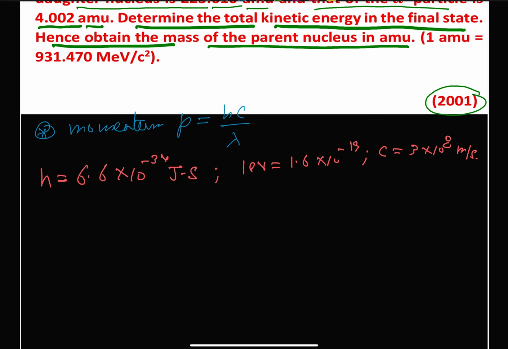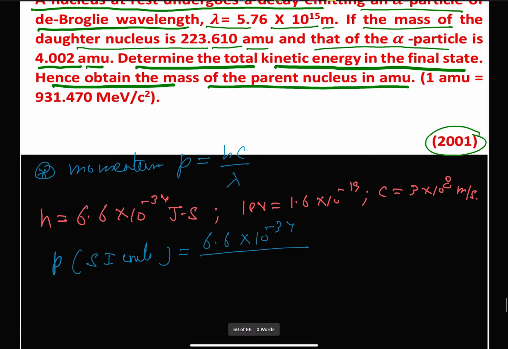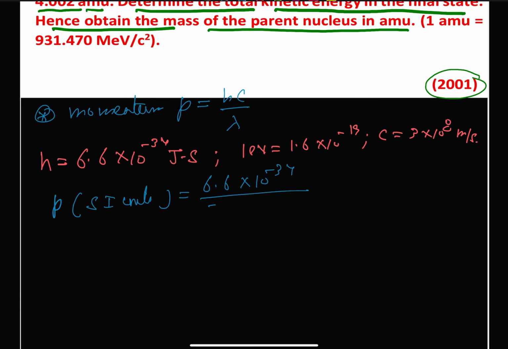So first of all, we are going to find out our momentum P in SI units, which will be equal to 6.6 into 10 to the power minus 34 divided by lambda, which is given to us as 5.76 into 10 to the power minus 15. This comes as 1.15 into 10 to the power minus 19 kg meter per second.